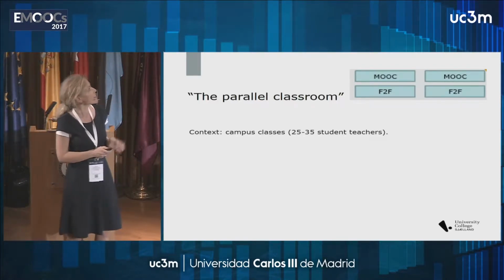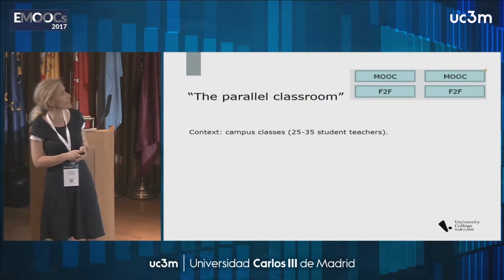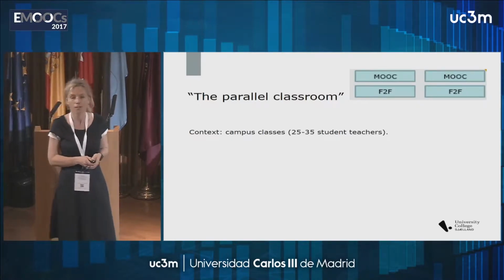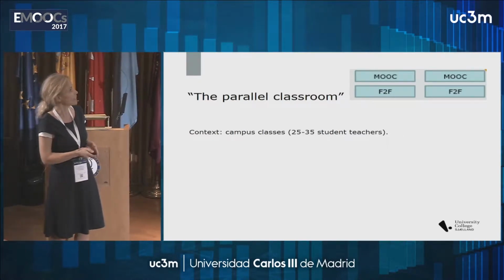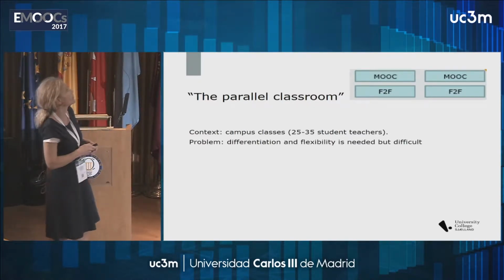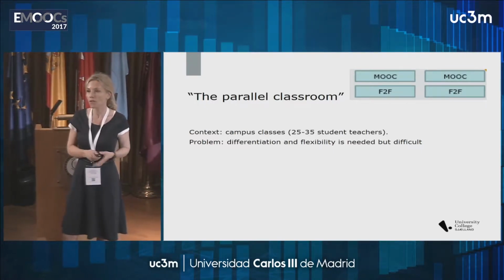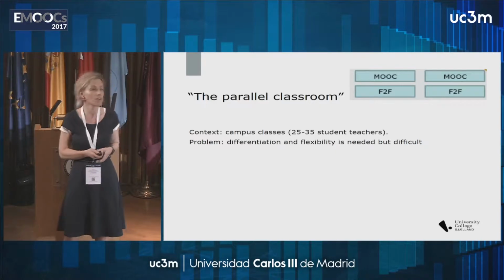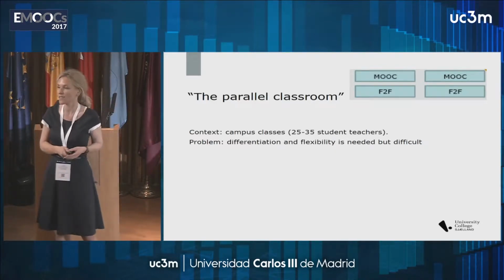The context is these campus classes, and a traditional class consists of 25 to 35 student teachers in the traditional classroom. The problem that we tried to solve with this learning design was the differentiation problem and the need for flexibility.